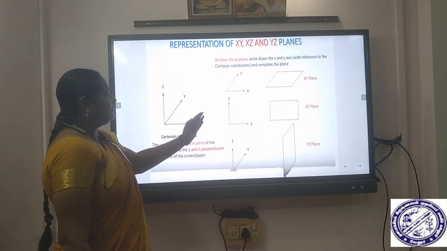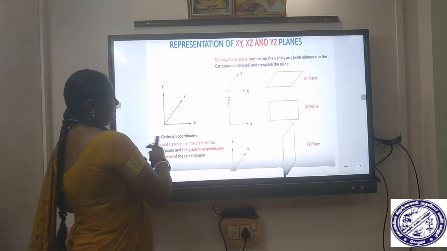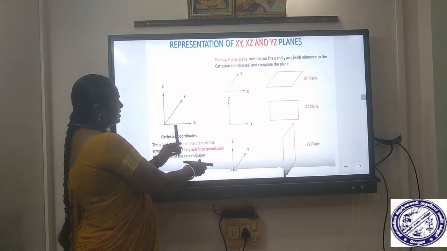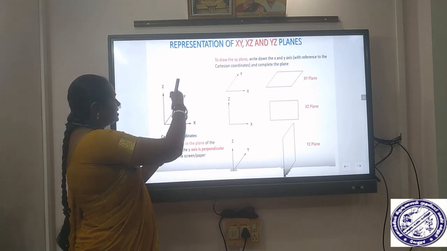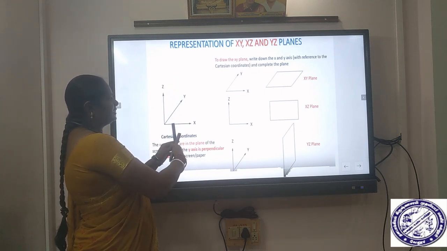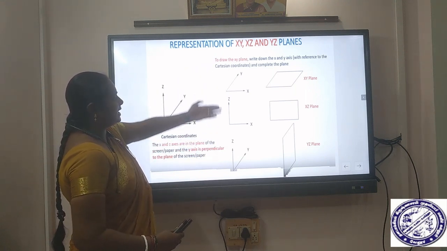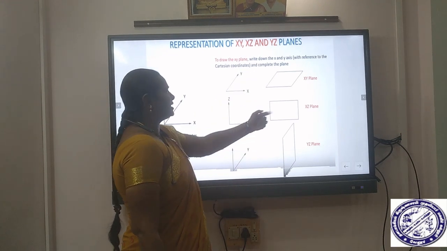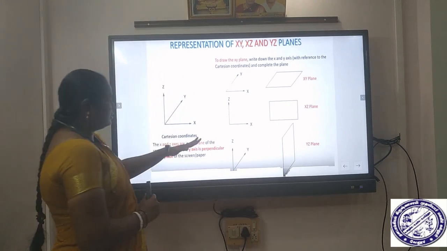The x-axis is like this, the z-axis is like this, whereas the y-axis is like this. The xy plane means we place the plane here, and xz means when we place the plane like this, and this will be yz.